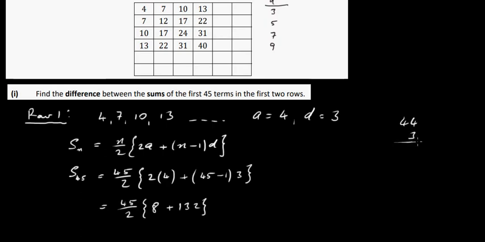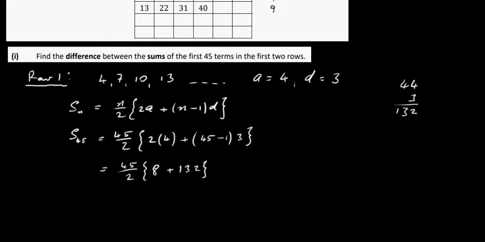When you work that out, you get 140 divided by 2 multiplied by 45, which gives you 3150.